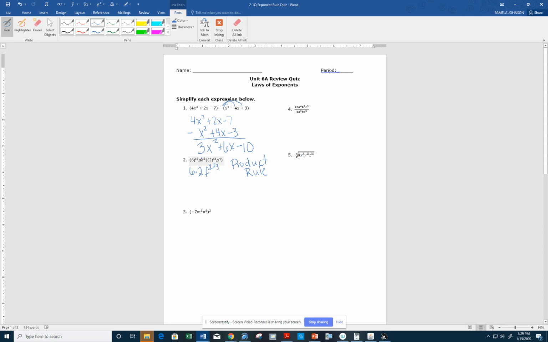This g has a 1 as an exponent, so g to the first plus 4. And then the h to the fifth, that's the only one we have. So when we simplify this, we get 12 f to the fifth g to the fifth h to the fifth.